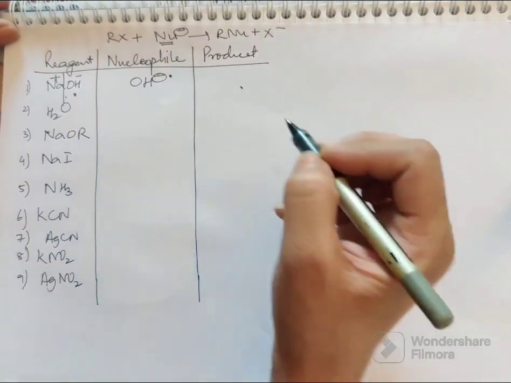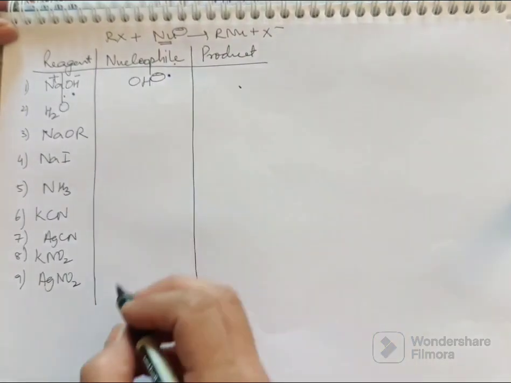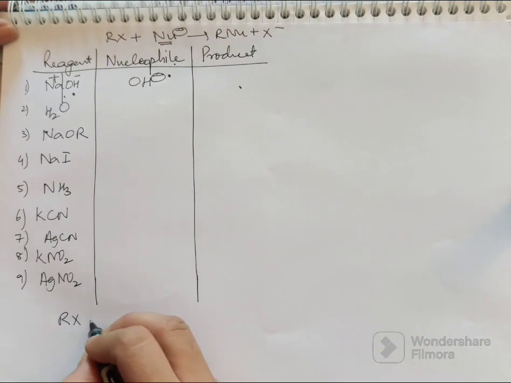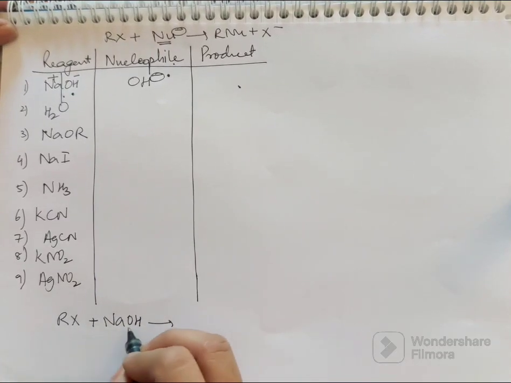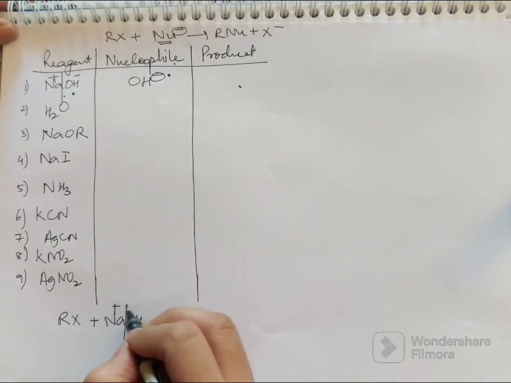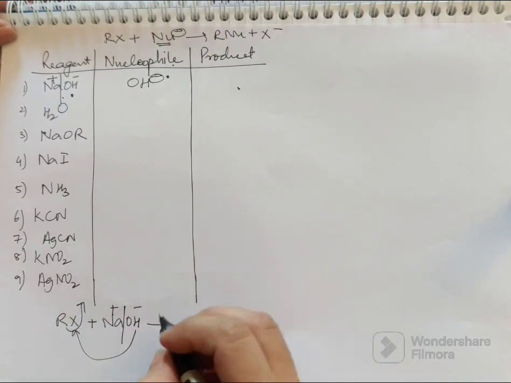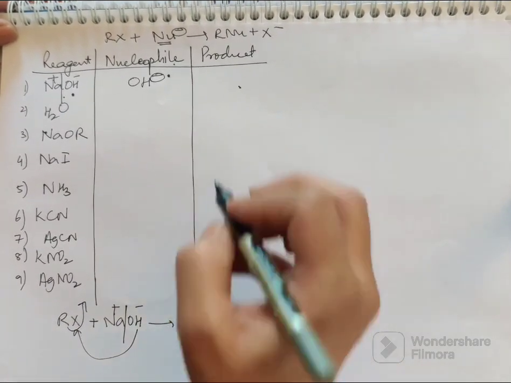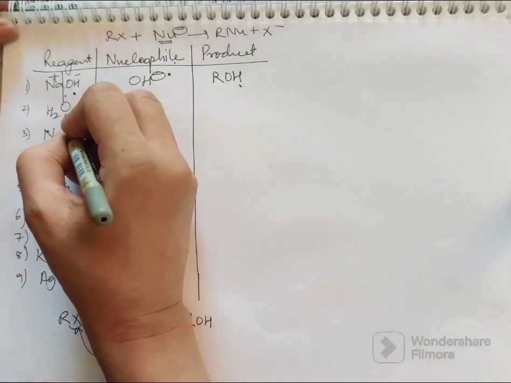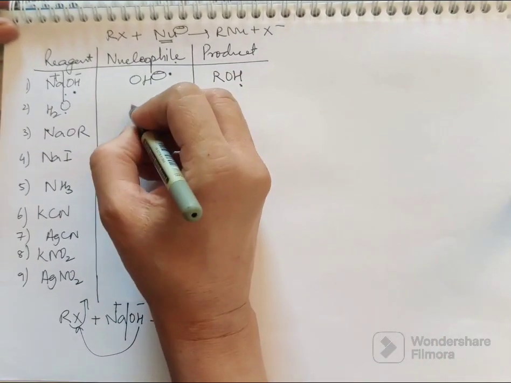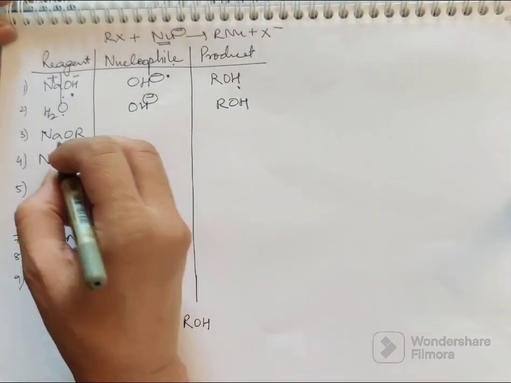So OH minus will be the attacking species, or that will be the nucleophile. Which means if you are taking alkyl halide and reacting with NaOH, OH minus will substitute X, and we get ROH. That means alcohol will be formed. If we take water, it attacks through oxygen, OH minus only attacks in this too, you will get alcohol.